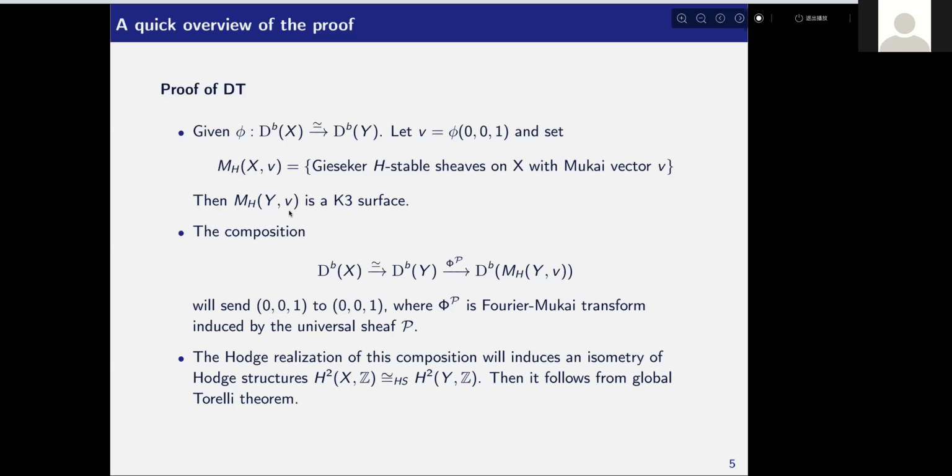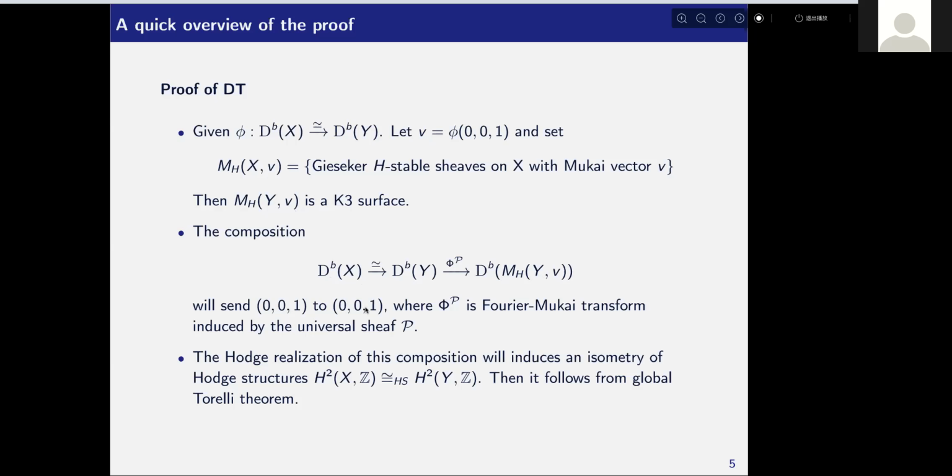So the dimension is 2, so it's a K3. And then you can consider the composition from D^b(X) to D^b of this new K3 surface constructed from the moduli space of stable sheaves. The composition will send (0,0,1) to (0,0,1).